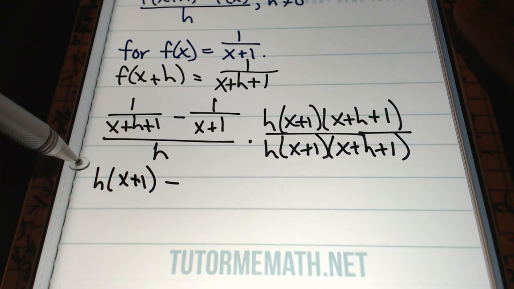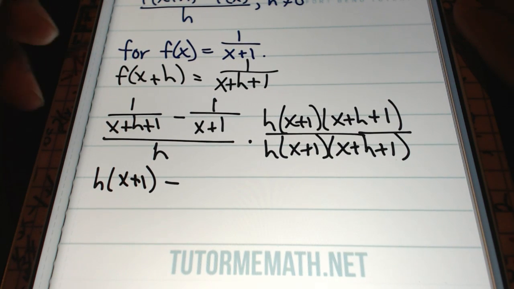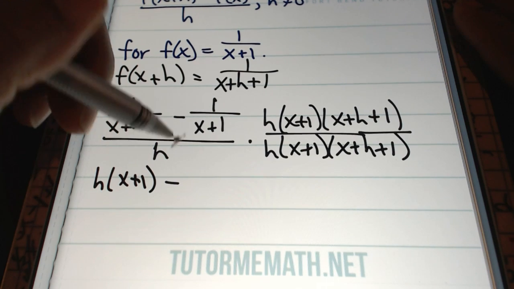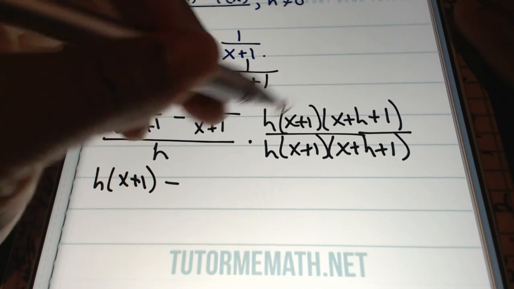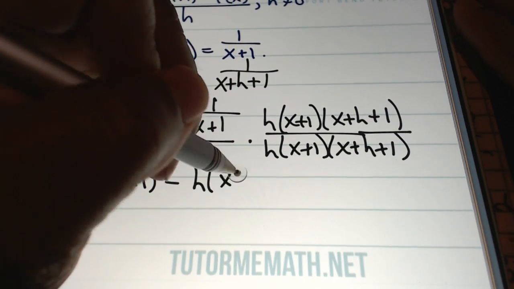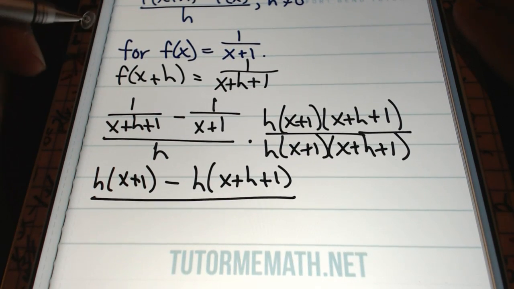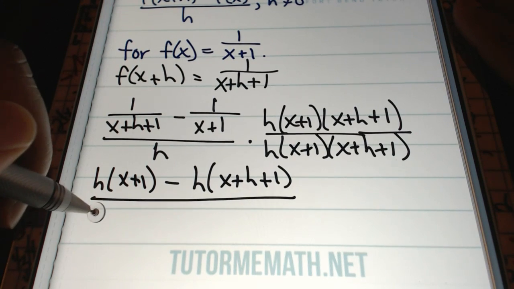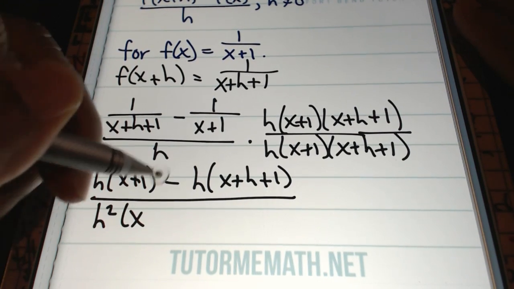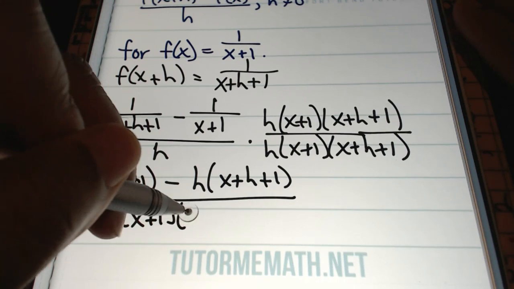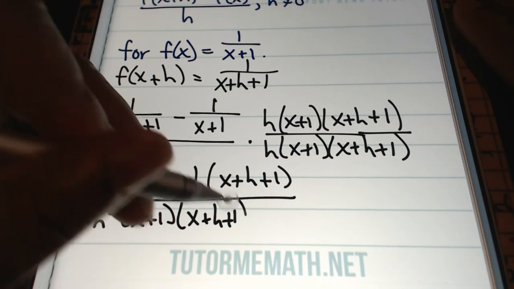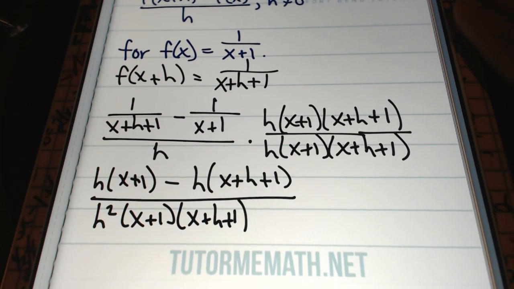We would end up with h times x plus 1 in the numerator as that first term. This is going to be minus here. The x plus 1s will cancel out. So I'll have an h times x plus h plus 1. Then in the denominator here, we'll end up multiplying straight across to get h squared times x plus 1 times x plus h plus 1. And so this is what we have thus far.